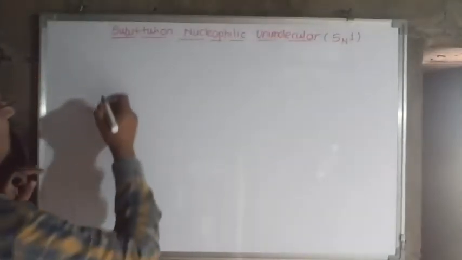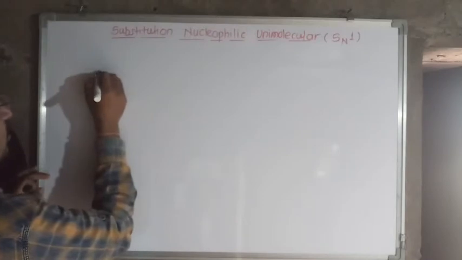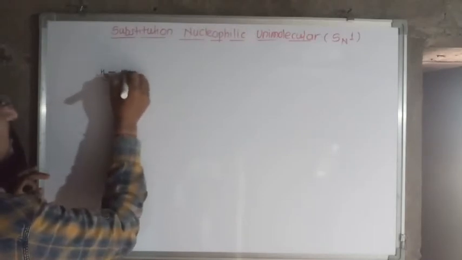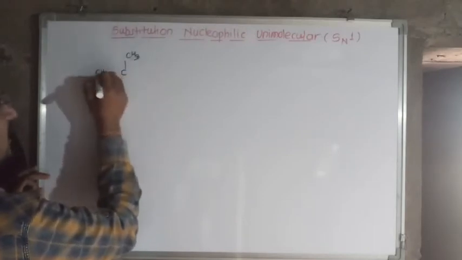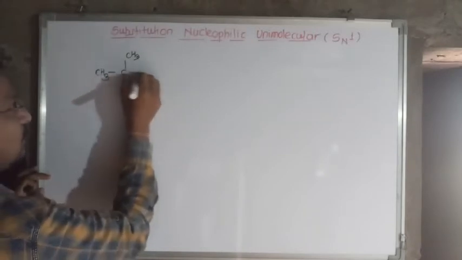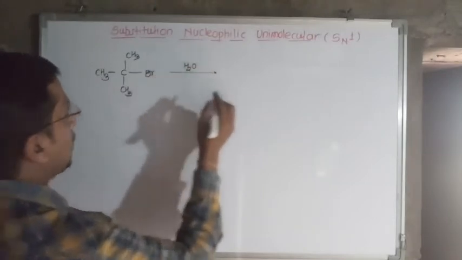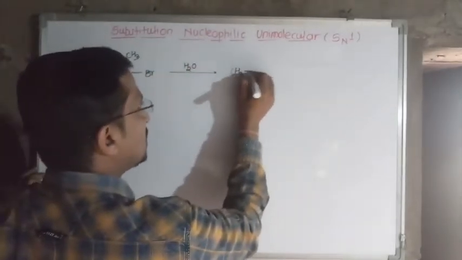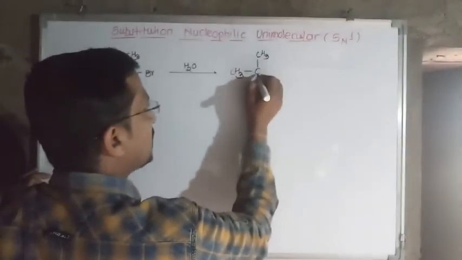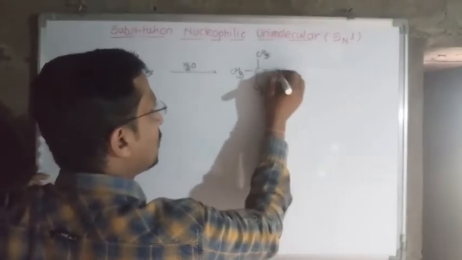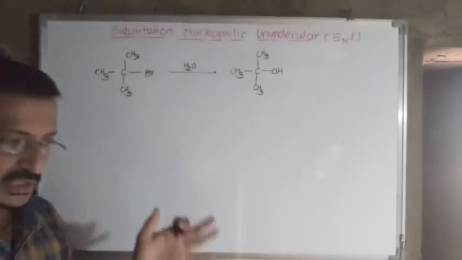That reaction is the hydrolysis of tertiary butyl bromide, which on hydrolysis gives tertiary butyl alcohol. So this reaction is the general reaction for SN1 reaction. You have to remember this reaction.